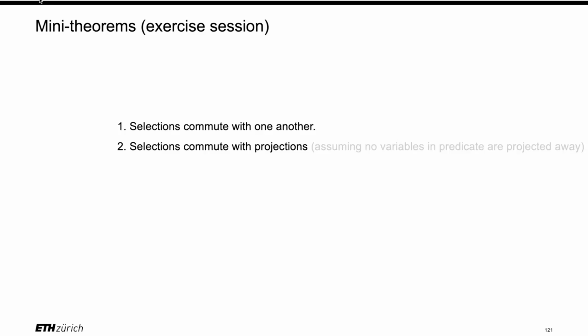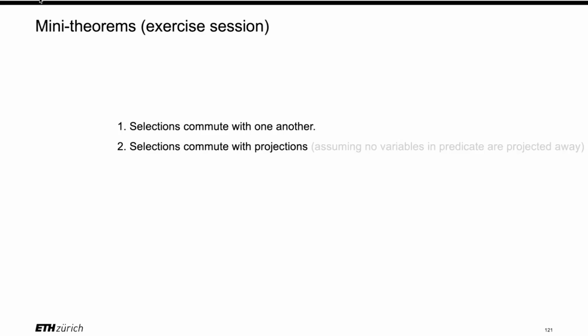Basically, let's say I have a relation with attributes A, B, and C, and I project over AB, and then I take the predicate sigma B greater than 2. Do you agree it's the same as doing it the other way around, first saying sigma B greater than 2, and then projecting on AB? Do you see it's the same thing?